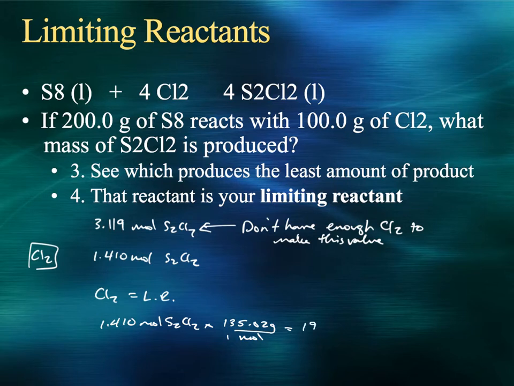That is 190.4 grams of S2Cl2. So if you were asked about the mass of the product, okay, that's the maximum you can make. You could not make this amount. Okay, we can't make that total right there.